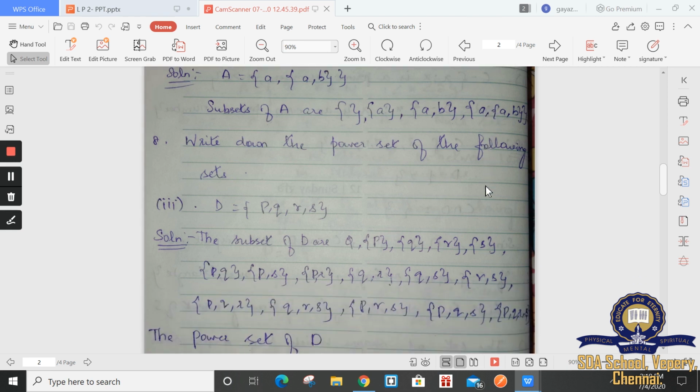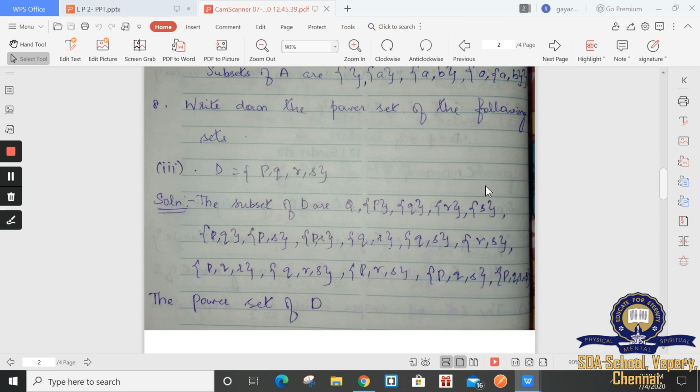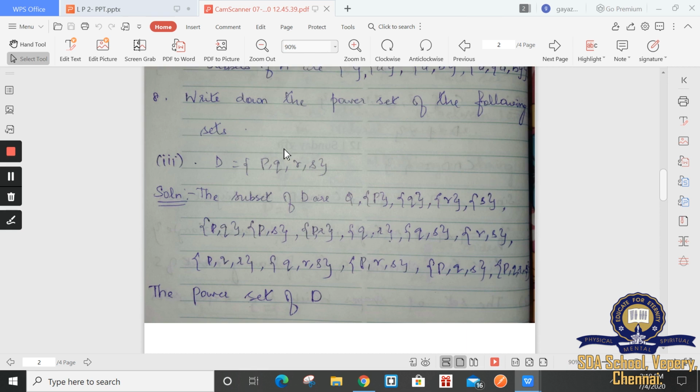Eighth sum. Write down the power set of the following set. In order to write the power set, you have to first write the subsets. How do we write it? First the null set, then you write P, Q, R, S individually as singleton sets, then two by two you write PQ, PS, PR, QR, QS, RS, and then three by three, and then finally the set itself.